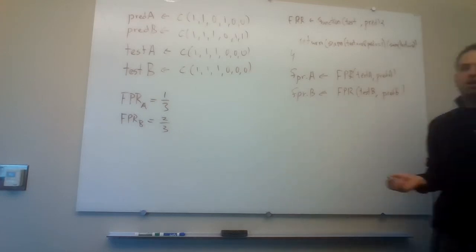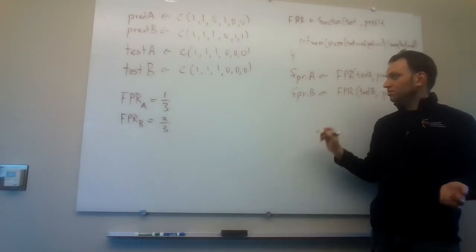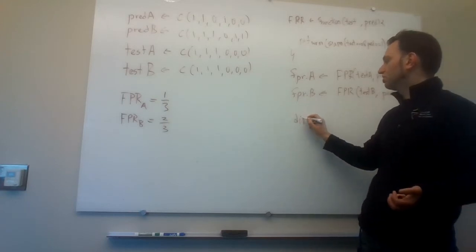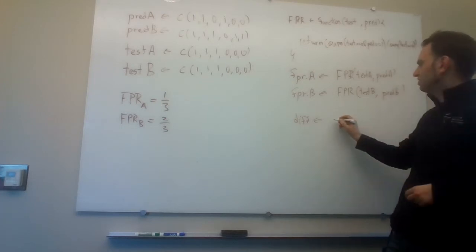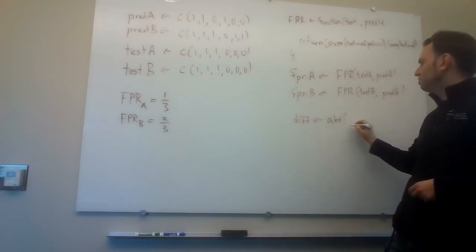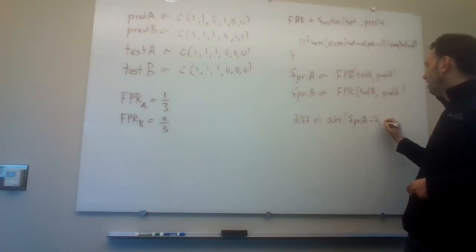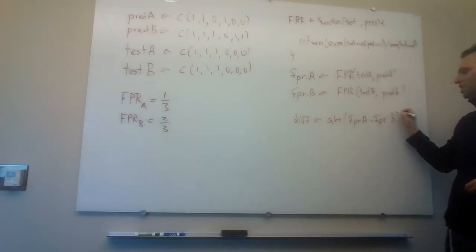Cool. So now we can compute the disparity. The disparity would be just the difference here, or you could do the ratio, but the difference is a little bit easier. So I'll say the absolute difference between FPR A and FPR B.